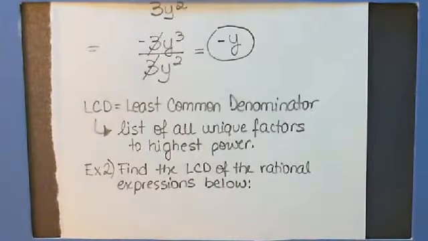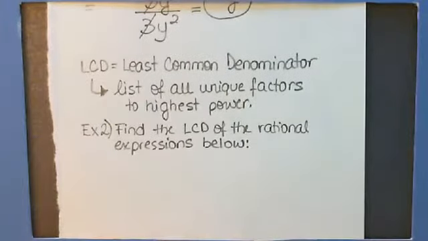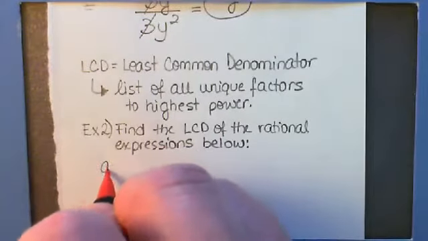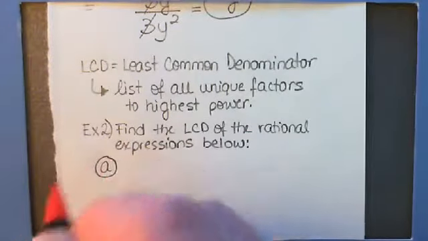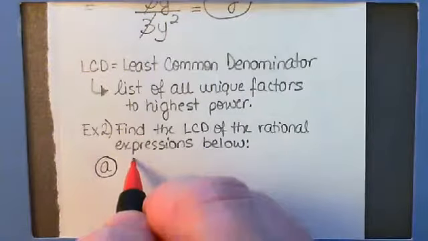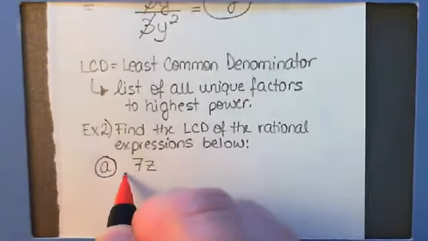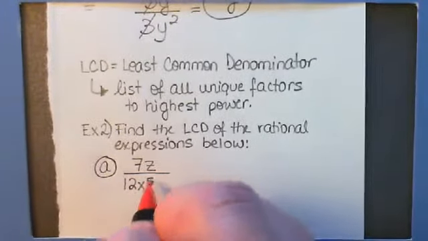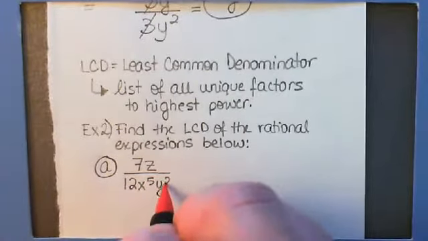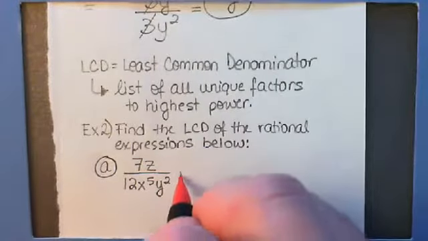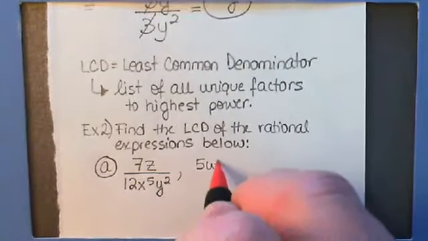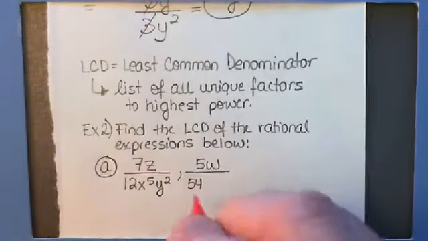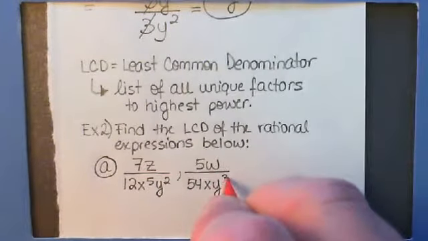Okay. Alright, so let's go on to problem letter A. And problem letter A is going to be 7z over 12x to the fifth y to the second, comma, 5w over 54xy to the third.